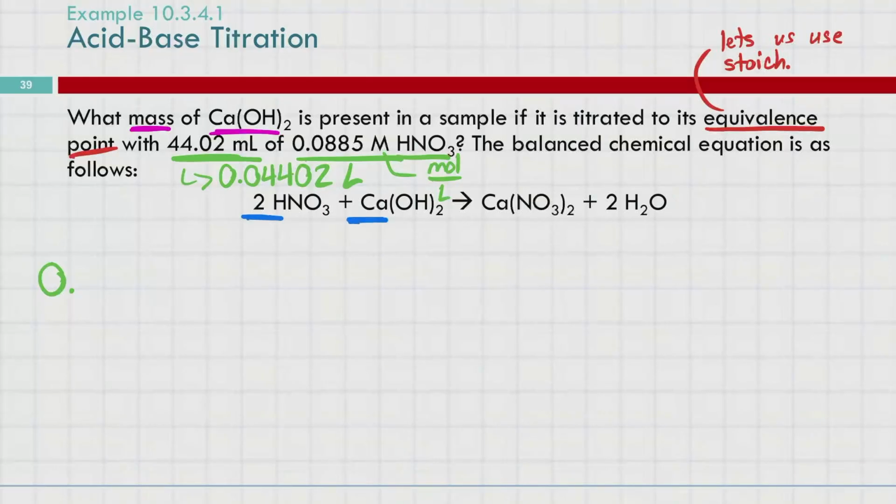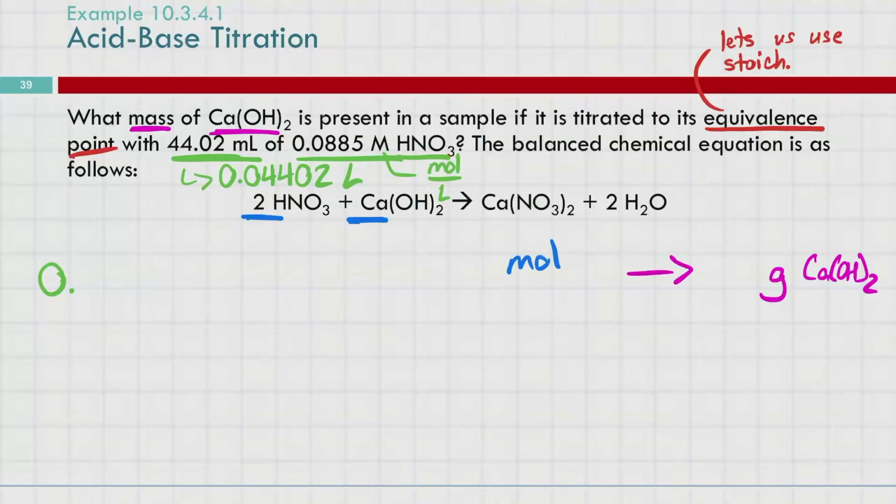So we are trying to find grams calcium hydroxide. To get to grams of calcium hydroxide, any ideas on what we need? How can we get grams of something? Moles. We need moles.